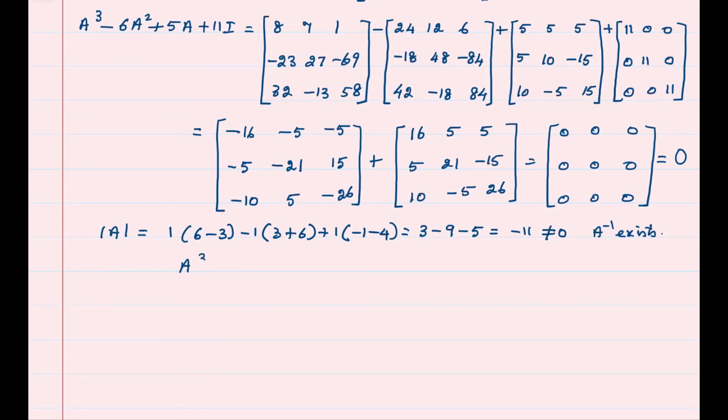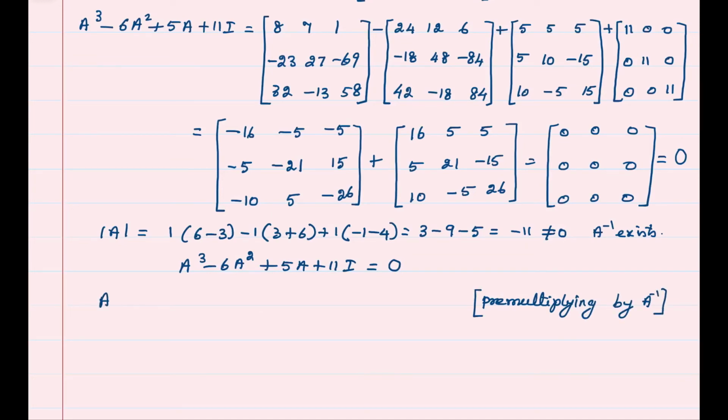Now the equation which has been proved is A cube minus 6A square plus 5A plus 11I is a zero matrix. We will pre-multiply by A inverse. We get A inverse A times A square.